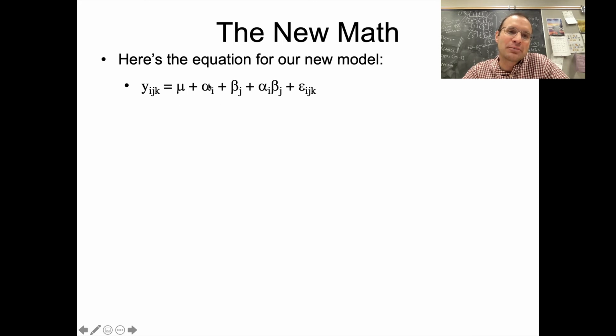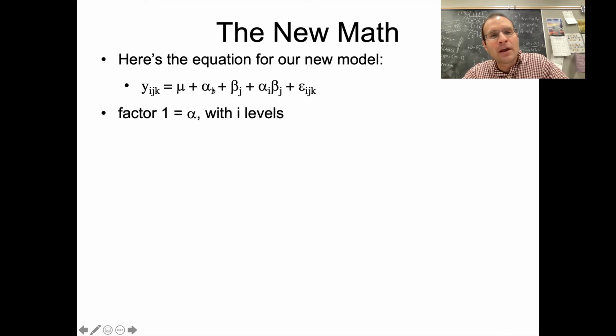Okay, so this is what it's going to look like mathematically. Before we just had mu plus alpha sub i plus epsilon sub ij. Now we're adding these 2 new factors in here, and we're also expanding the error term. So we have an observation y sub ijk. It's equal to the grand mean mu plus the first treatment effect, alpha sub i. That's for whatever factor 1 happens to be.